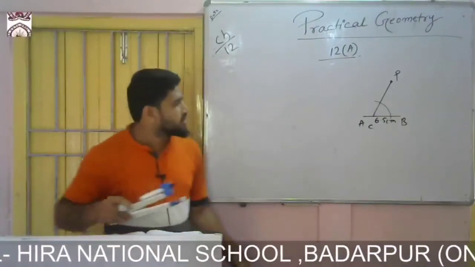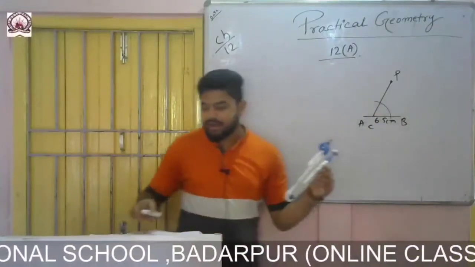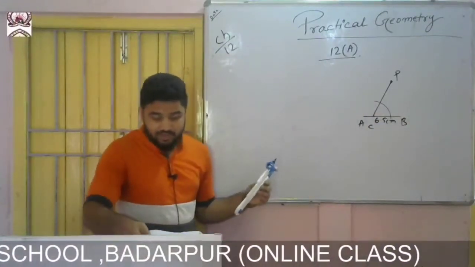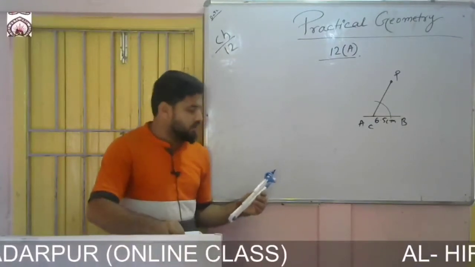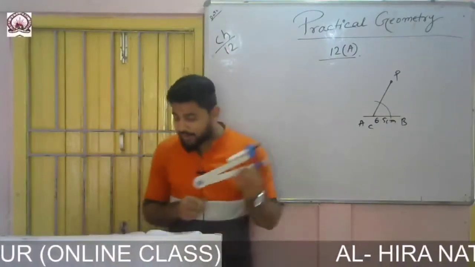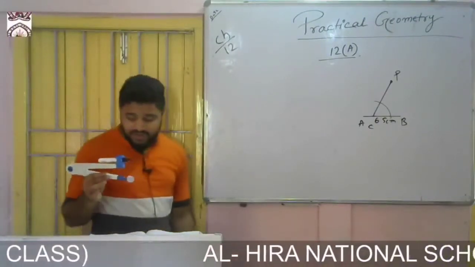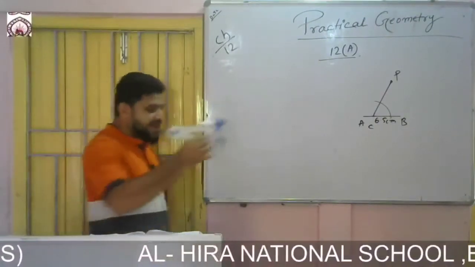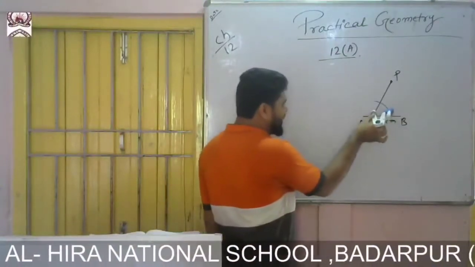Now again, without changing the radius, taking P as center. From C one arc you have done.